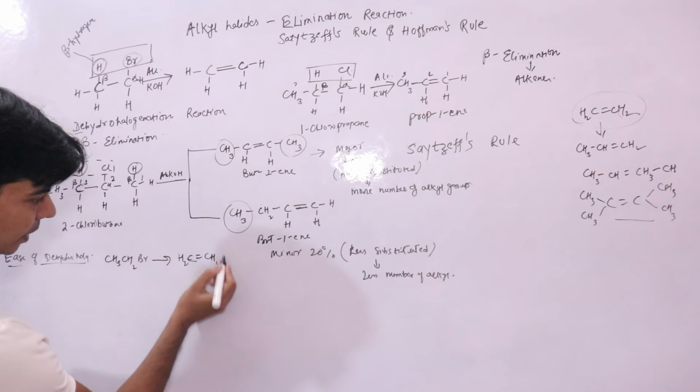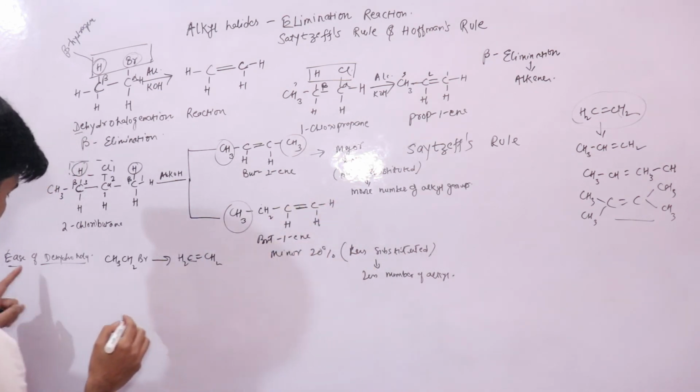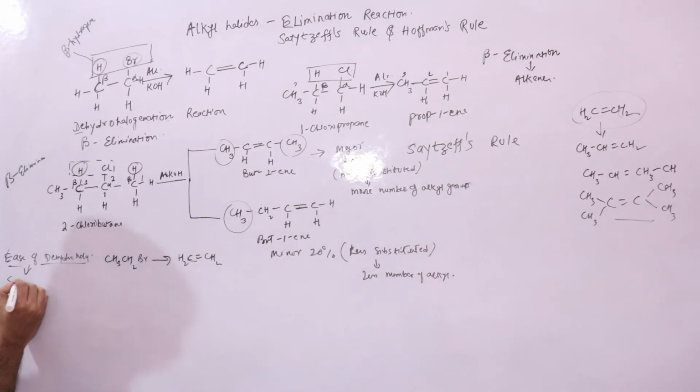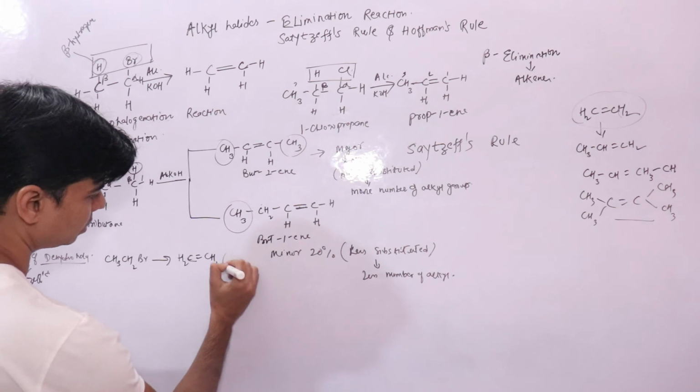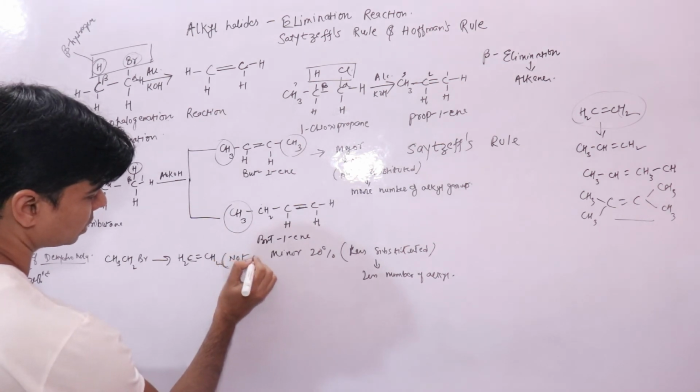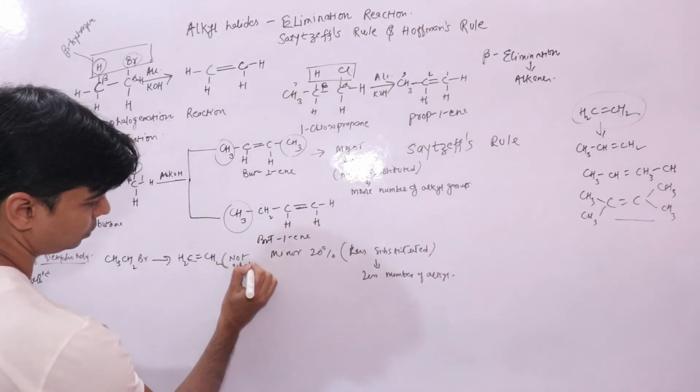This alkene, remember, as per Saytzeff's rule, ease of dehydrohalogenation would also be decided by Saytzeff's rule, right? So here this alkene is formed, this is not substituted, you have no alkyl group on it.